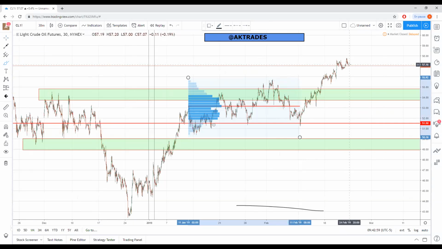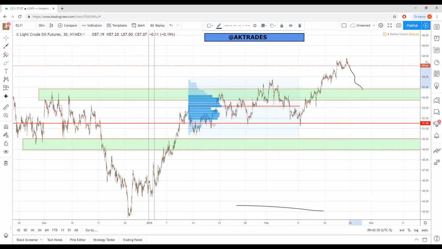So, what do we want to see to enter this trade on the long side? Well, we want to see a pullback again to our green area here, which will take us to the edge of this volume distribution, which buyers would definitely try to defend. Or if the prices pull back a little bit lower, then we might see prices go down to 53.80, 52.50, maybe around this area.